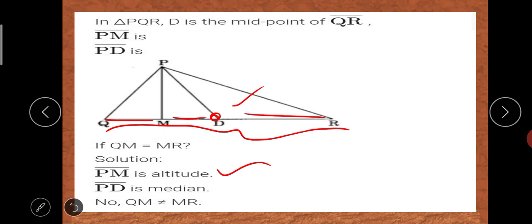QM is not equal to MR, because PM is not a median, and M is not the midpoint of QR. The lengths of QM and MR are not the same. So the answer is no.